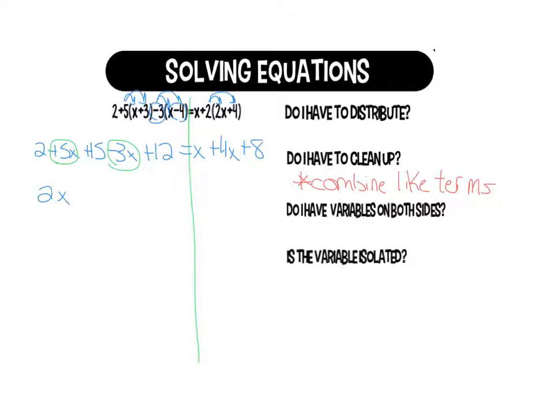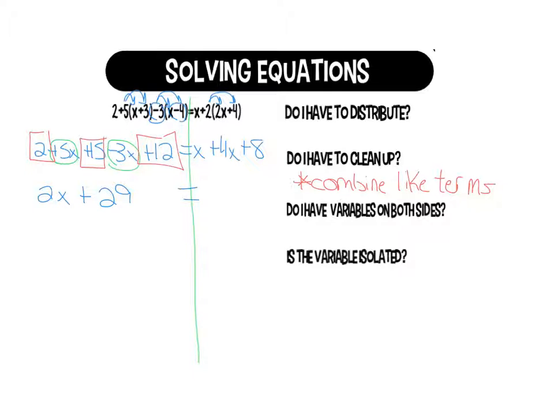Then I see a 2 plus 15, that's 17. 17 plus 12 is 29. Bring down my equal sign.